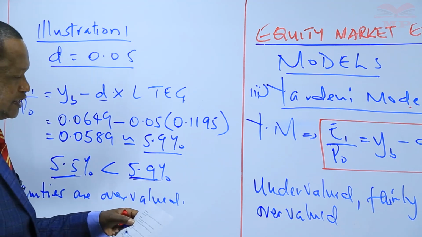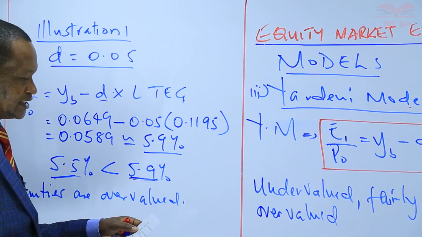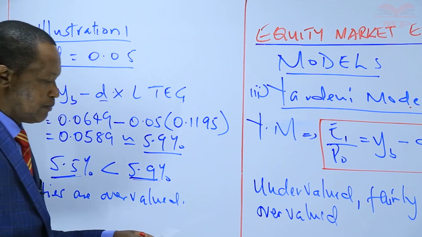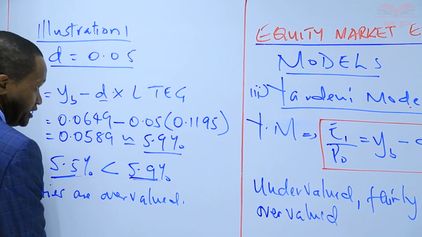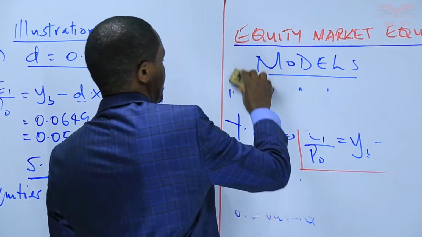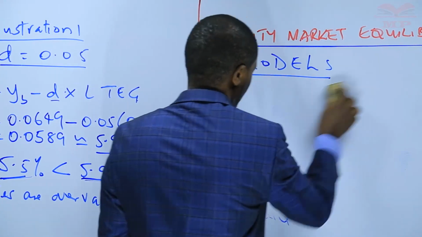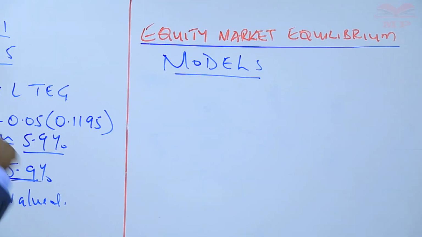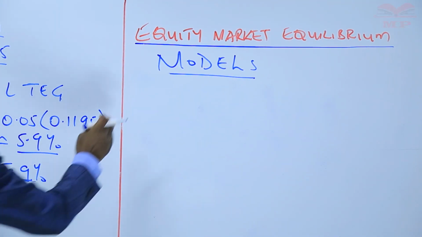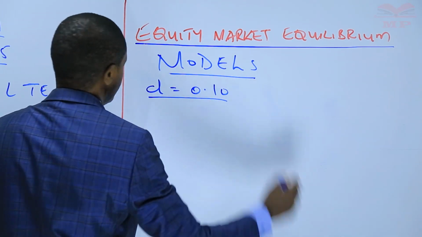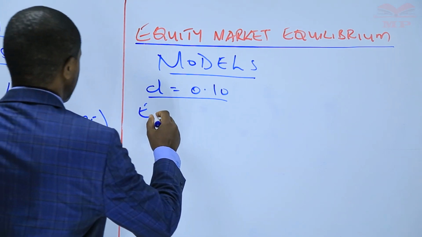Then, the other part of the question, determine the Yardeni model's estimate of the fair value earnings yield assuming D is 0.1. Assuming D is 0.1, then the question is, what is the earnings yield and are the equities overvalued or undervalued? This is the second bit of part A, where D is 0.1. What will be the earnings yield?